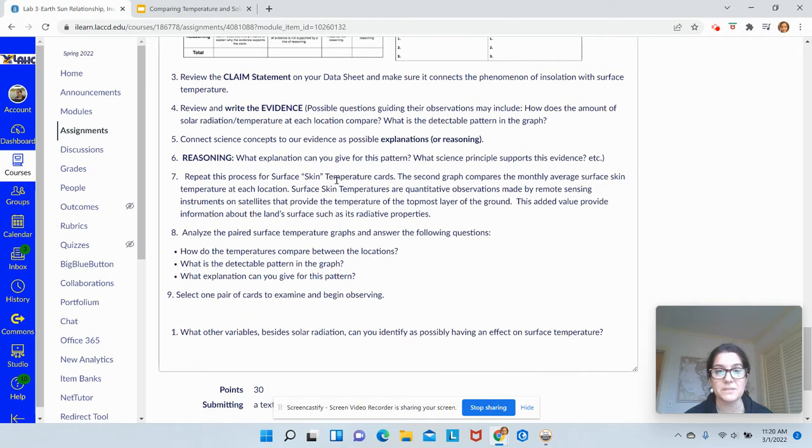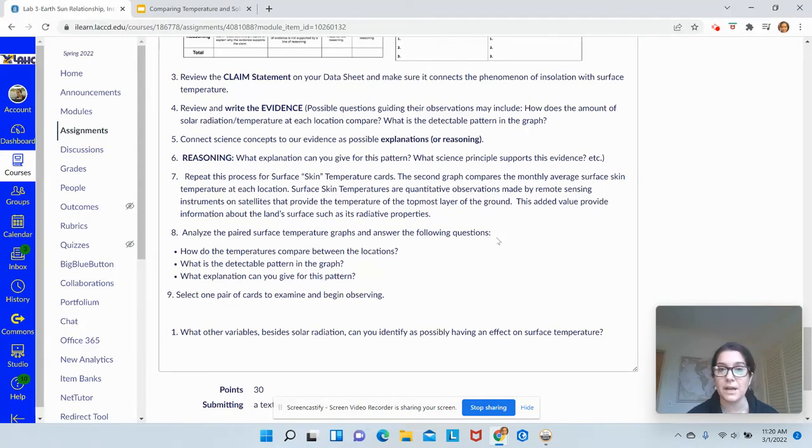Repeat this process for the skin temperature cards, and the second graph compares the monthly average surface skin temperature. So remember, we've been given a card for the amount of solar radiation that a place receives and a card for each of the cities based off of the skin temperature that a place receives. Then you are going to analyze the paired surface temperatures and answer the following questions.